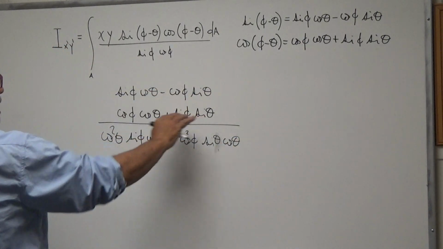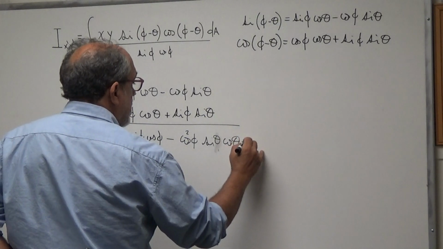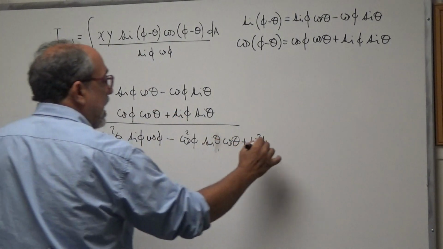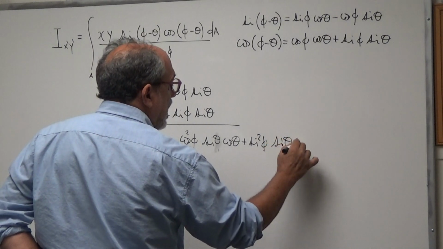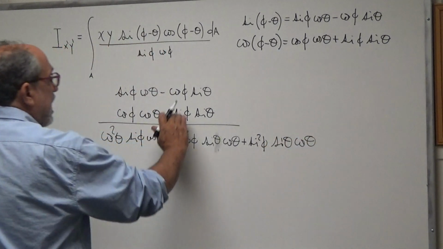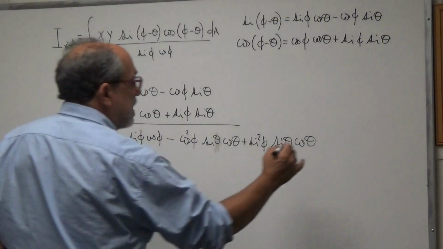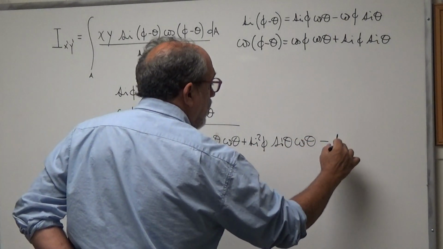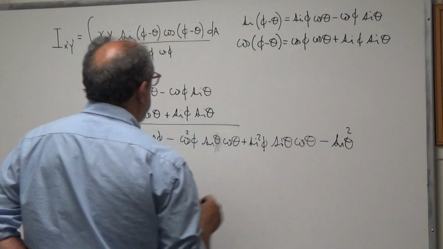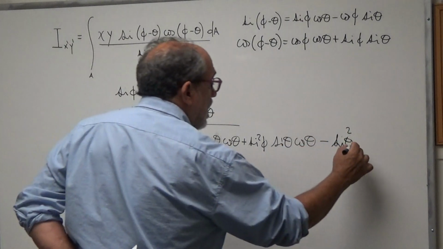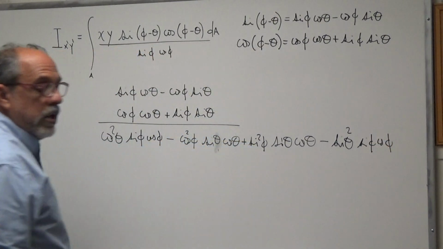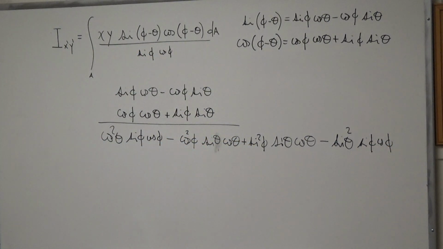Now this one, plus sine squared of phi sine theta cosine theta, and finally this one times this one looks like a minus, and what's repeated is the sine of theta. So sine of theta squared sine phi cosine phi, right?